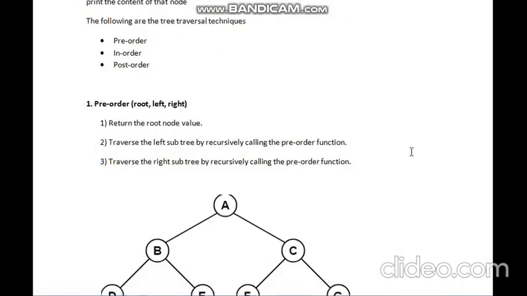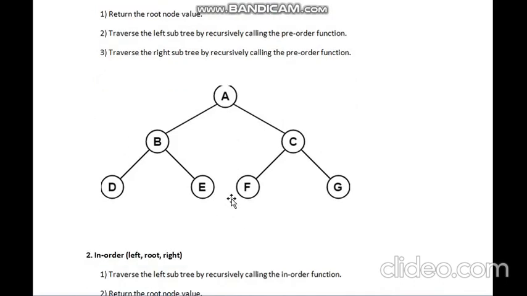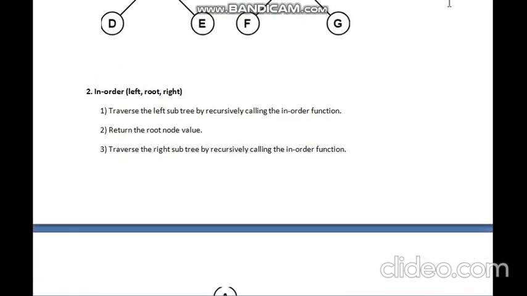Okay, now I will explain this example. In in-order we have 3 steps here. First left subtree, then root, then right subtree. So traverse left subtree first, then return the root node value, and then traverse right subtree.